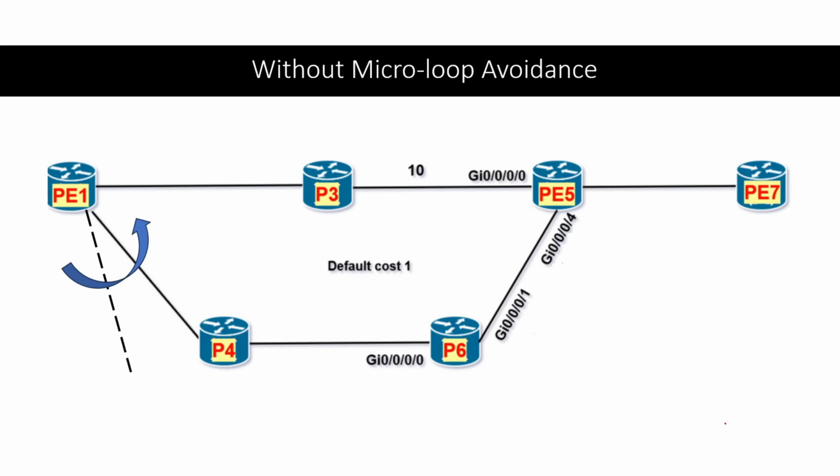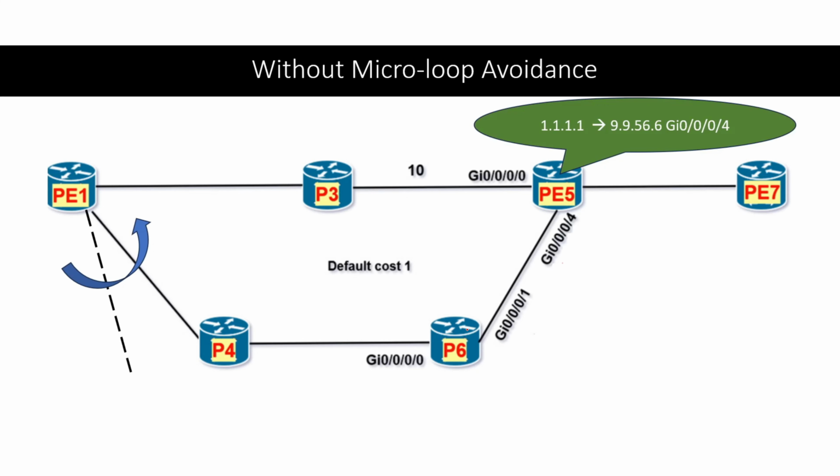But let's see if we add a link between PE1 and PE4. In this network all nodes are fast, but P6 is very slow in convergence. So P6 runs the SPF and updates its forwarding table towards the P6 routers via the interface gig004.